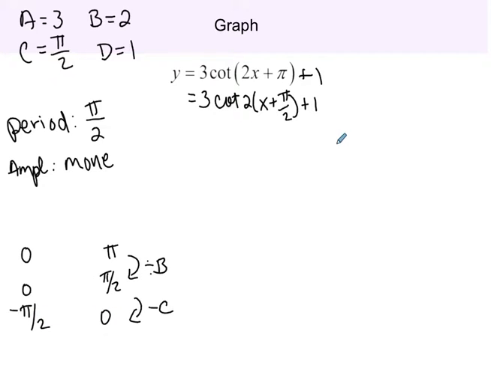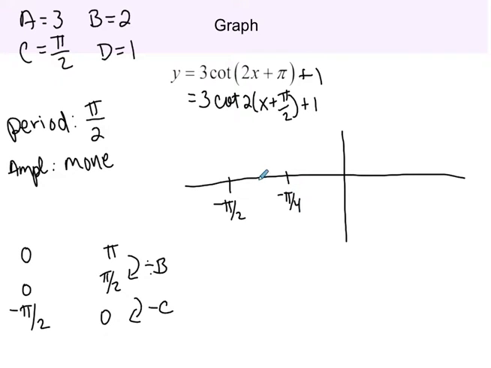Now we'll draw that. So minus pi over 2 is over here. Now we're going to find the midpoint. So that's negative pi over 4. Then halfway between here would be negative pi over 8. Halfway between here would be negative 3 pi over 8.